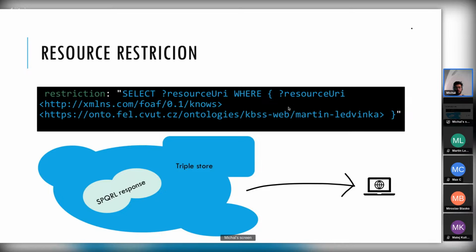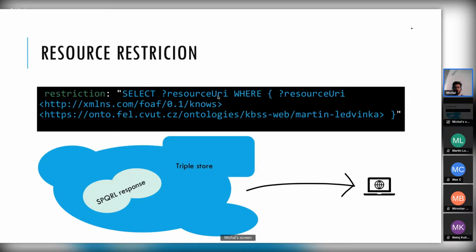Okay. Then we can also use some other attributes, such as restrictions. Basically, if we have a large amount of data, we can restrict the rendering only to some specific query. We can use a SPARQL query in the restriction attribute. For example, in this one, I'm selecting all the resources which know the resource Martin Ledvinka.